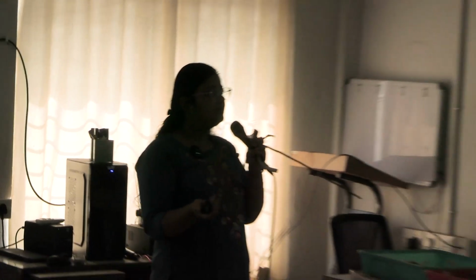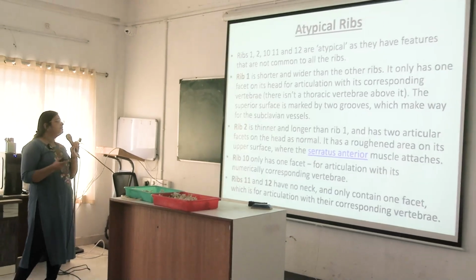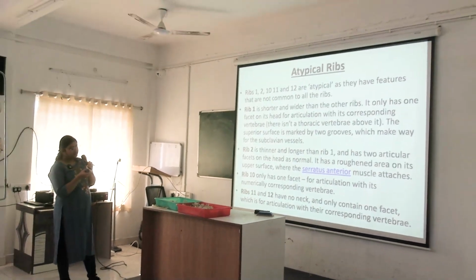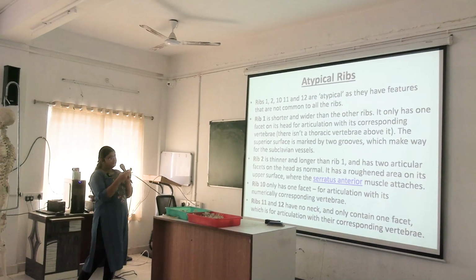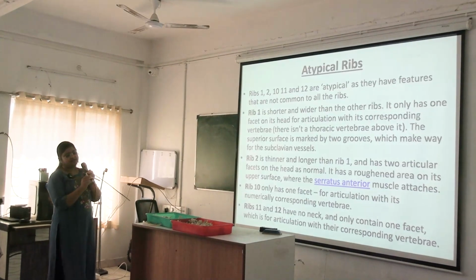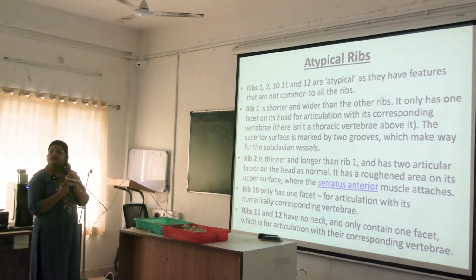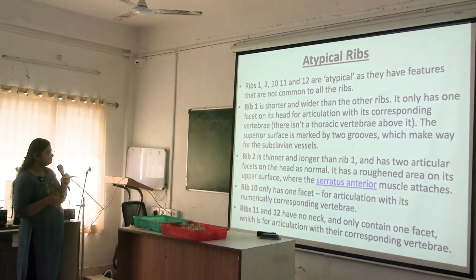You have to see the end where the costal cartilage is articulating. So this one is the second rib. It is thinner and longer than the first rib, and it has two articular facets. Here you can see two articular facets on the head as in a normal typical rib. It has a roughened area on its upper surface where the serratus anterior is attached. Here is the roughened area for the attachment of the serratus anterior muscle.